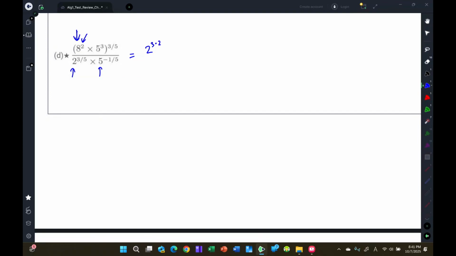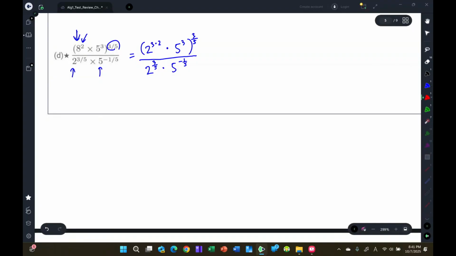So it's 2 to the 6th power, and then you're going to multiply 5 to the 3rd power, and there is a 3/5 power outside the parentheses. Now I have in the denominator, 2 to the 3/5 power multiplied by 5 to the negative 1/5 power.